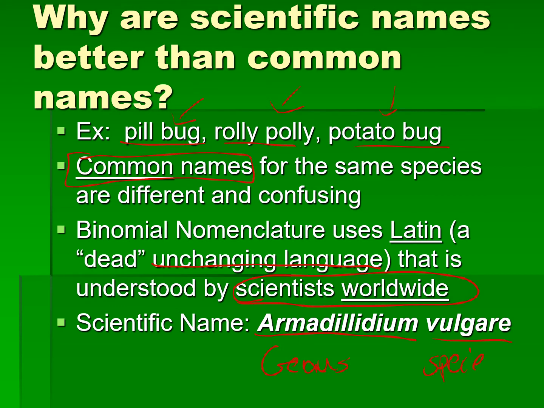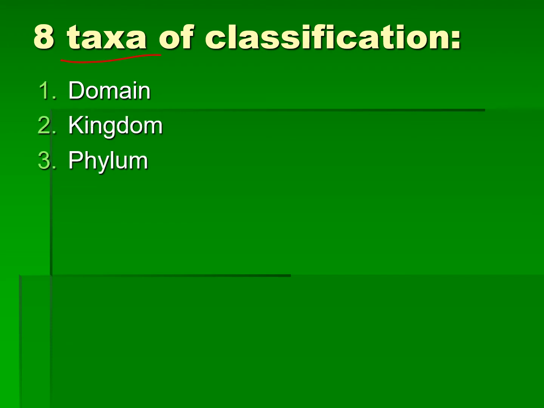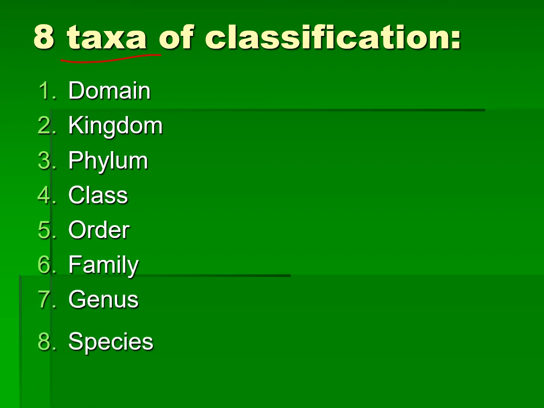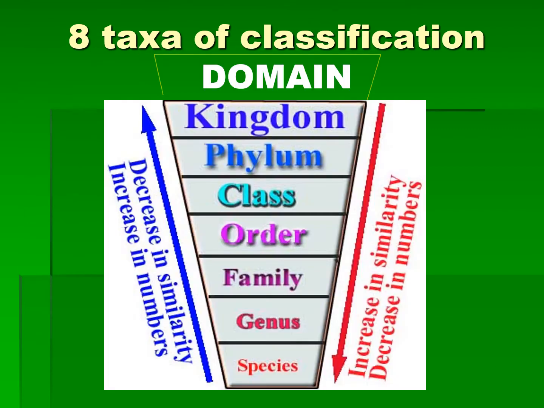All right. So we have different taxa. Taxa meaning category, right? So taxa means category. First of all, we have the domain, then the kingdom, phylum, class, order, family, genus, species. So this is what you did your mnemonic phrase worksheet on. The genus and the species make up the scientific name.